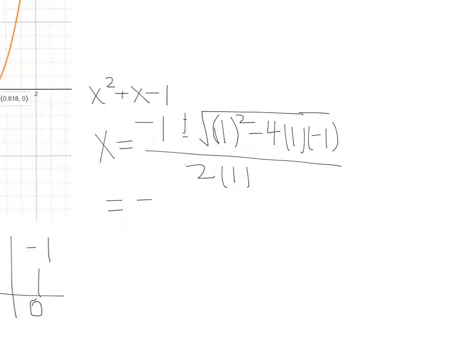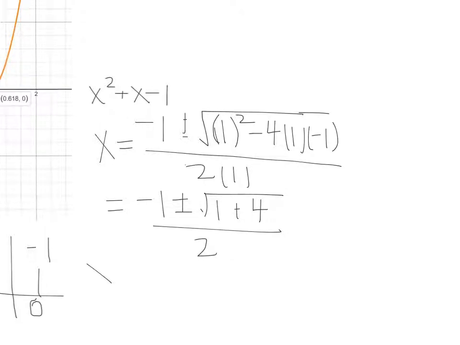So we get negative 1 plus or minus the square root of 1 plus 4, because negative 4 times 1 times negative 1 is positive 4, all over 2.